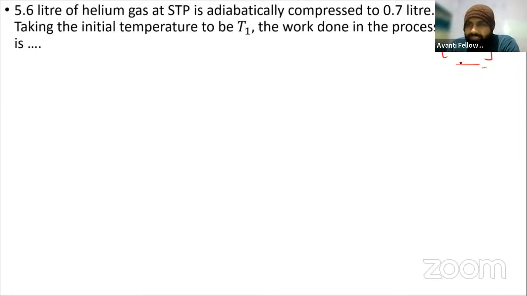Several very familiar, very common gases that we put in the numerical are hydrogen, helium, neon, argon, oxygen, chlorine. For these types of gases, you should remember whether it is monoatomic, diatomic, or polyatomic.